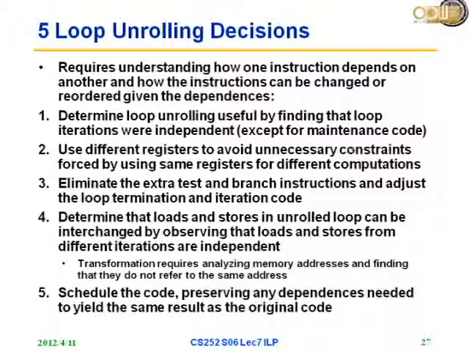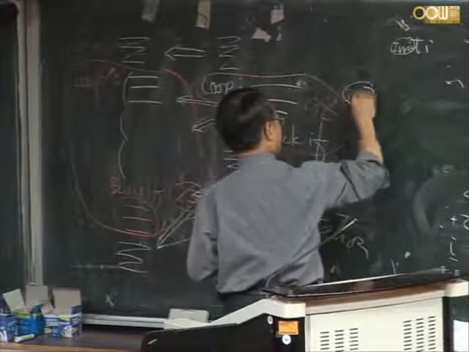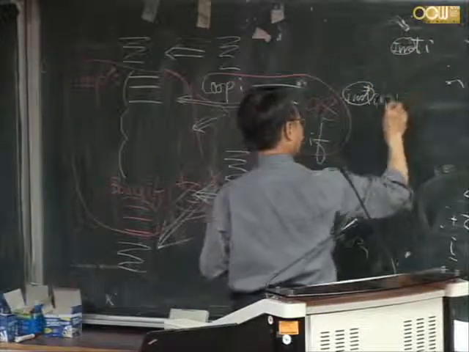Okay, so the 5 loop unrolling decisions. How many times do you want to unroll the loop body? Okay, so let's see. To make the decision, you need to understand how one instruction depends on another. In other words, you have the data dependence graph. The data dependence graph looks just like a control flow graph, but every node is now an instruction: I, I plus 1, and so on.